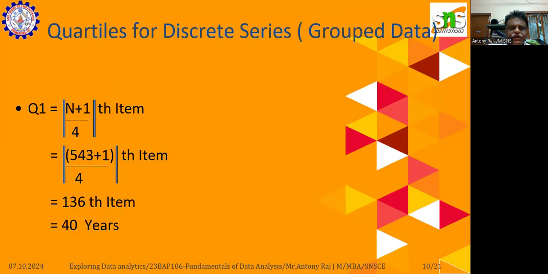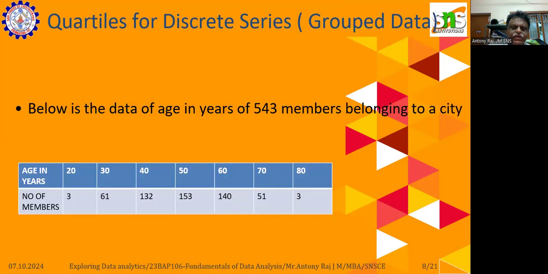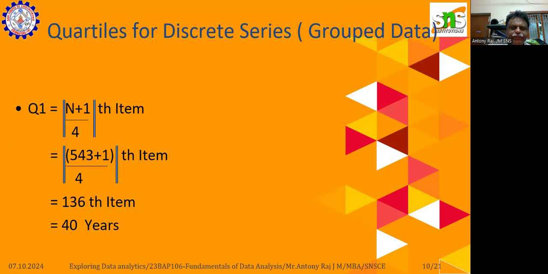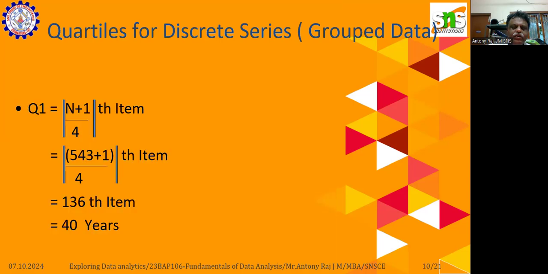We go to the cumulative frequency table and find where 136 is just crossed. Up to 40 years, the 136th item falls at 40 years, and 196 is the value just crossing it. So 40 is the quartile 1.